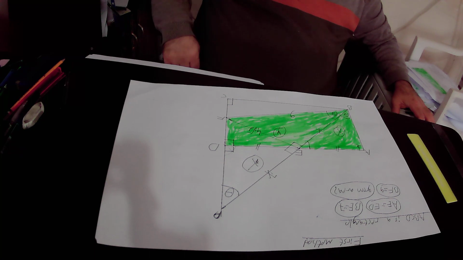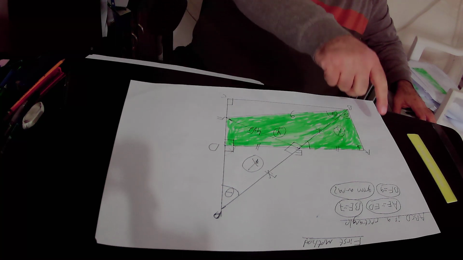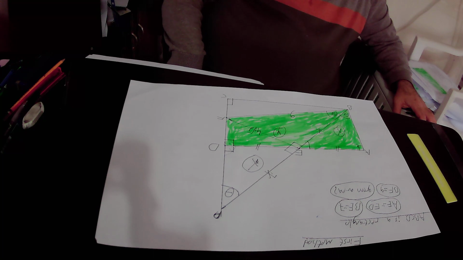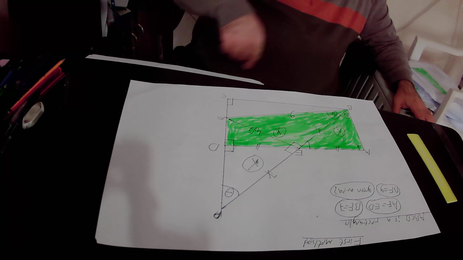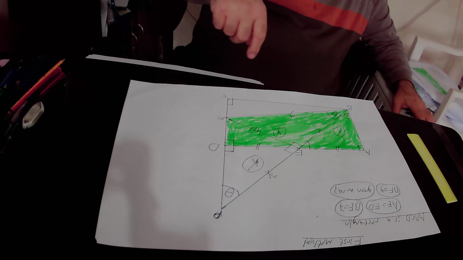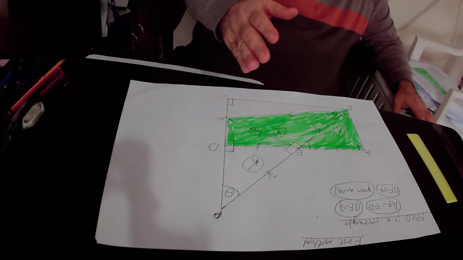Then we know that AB is parallel to DC according to the rule that the opposite sides of a rectangle are parallel to each other. So if AB is parallel to DC, AB will also be parallel to PC because they are located on the same straight line.